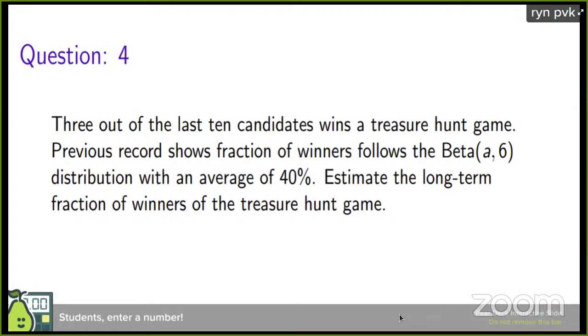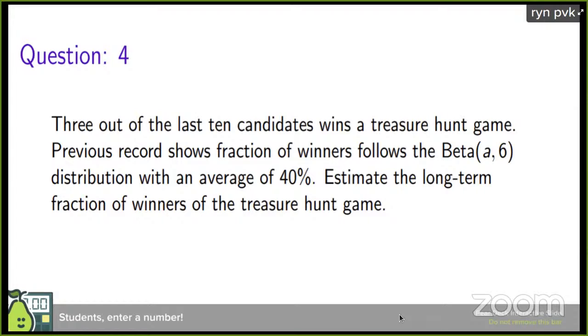If I have 10 candidates, I can say 0, 1, 0, 0, 1, 1, 0, 0, 0. We know that 3 out of the 10 candidates won. My sample looks like 0, 0, 0, 1, 1, 1 and all other zeros. It is randomly selected.